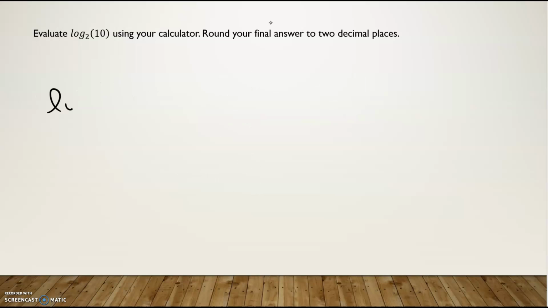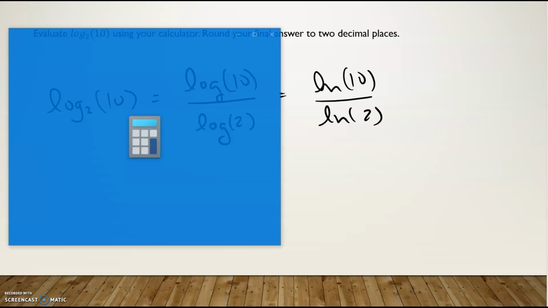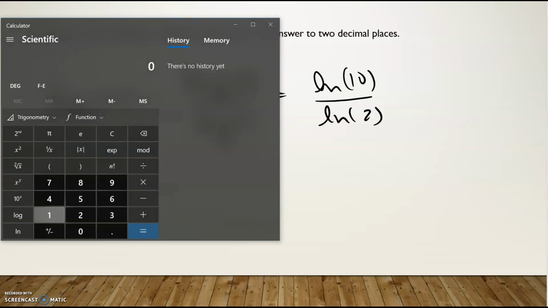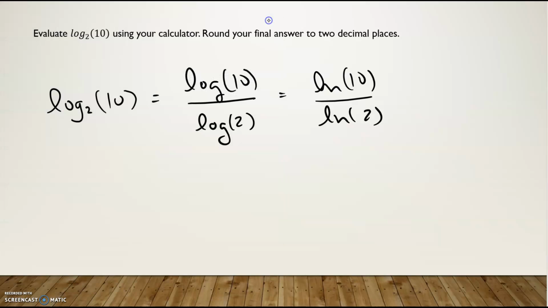And then we'll do the same thing with this one right here, base 2 of 10. So we'll look at log of 10 divided by log of 2, and we'll also look at natural log of 10 divided by natural log of 2. Let me just pull my calculator up. So 10 log divided by 2 log, 3.321, so 3.32.